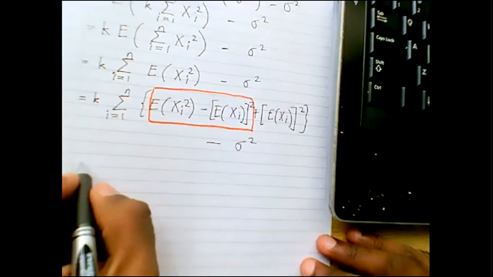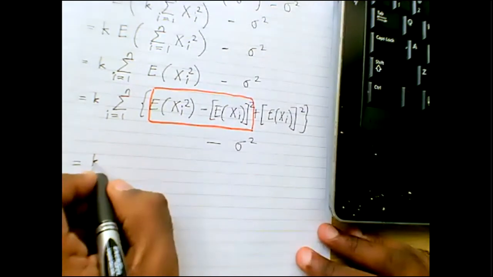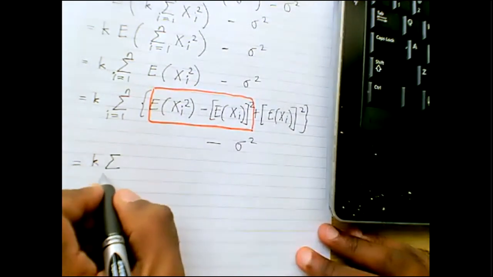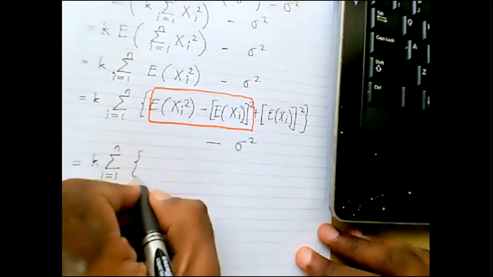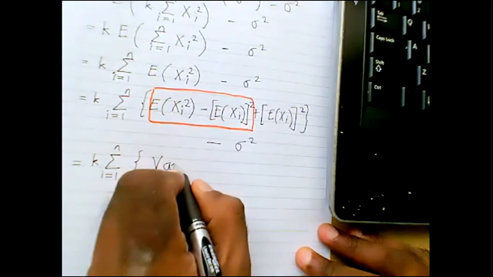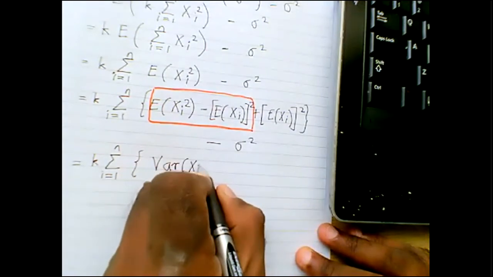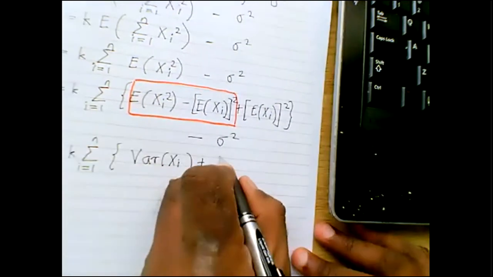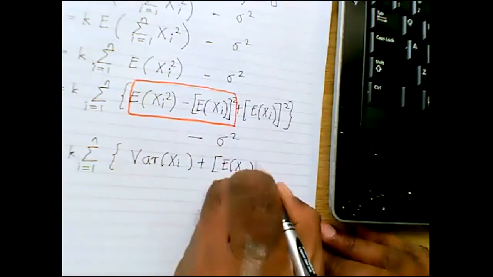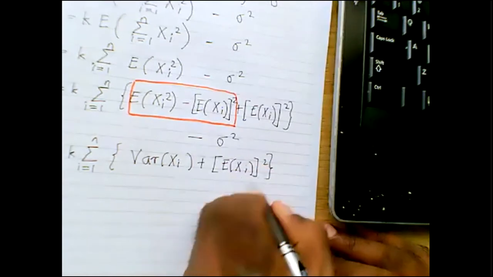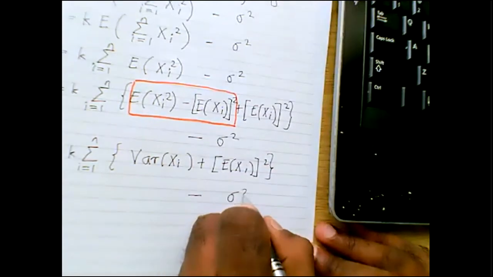So what you have is the following. You have the variance of xi plus the square of the expectation of xi minus sigma squared.